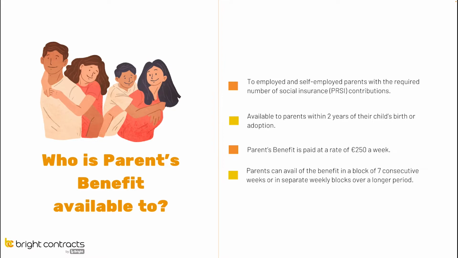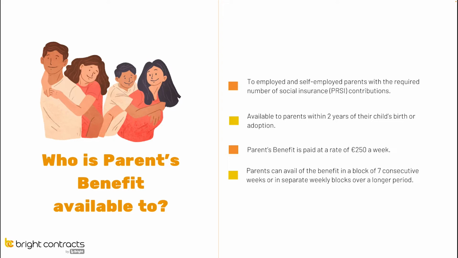Parents' benefit is still paid at a rate of €250 a week, which is the same rate as maternity, paternity, and adoptive benefit. Again, it is 7 weeks payment, and this is for each parent, representing a payment of €1,750 per parent. Now, the Parents' Benefit Scheme is family friendly and flexible, and parents can avail of the 7 weeks in a consecutive block, or they can do it in separate weekly blocks over a longer period.